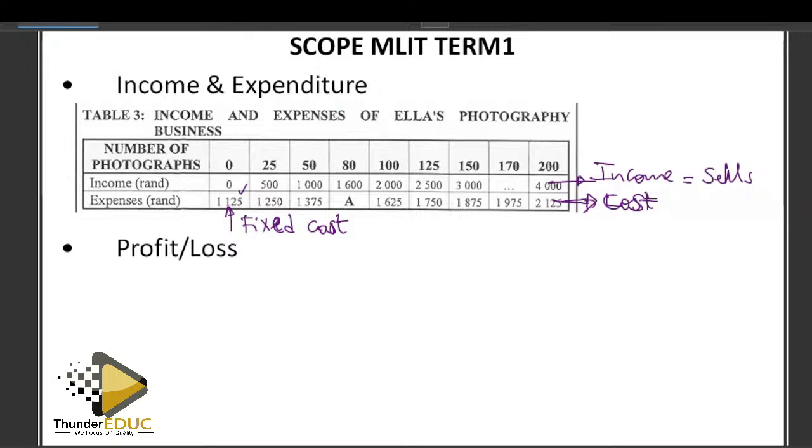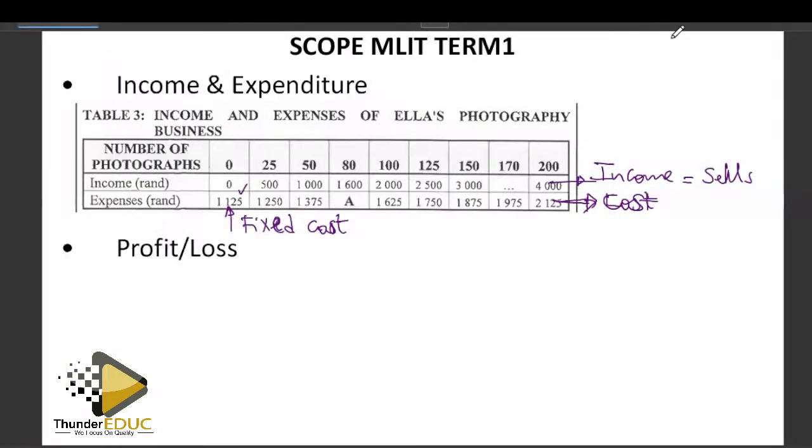All right, that is it. Now, another thing from examples like this or papers, the table, you can also determine what we call the break-even point.